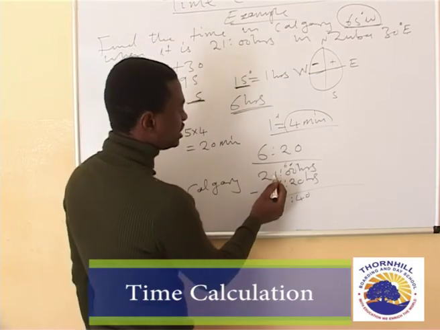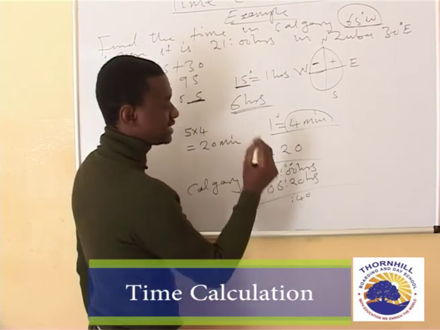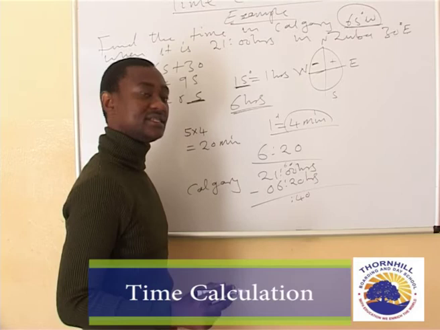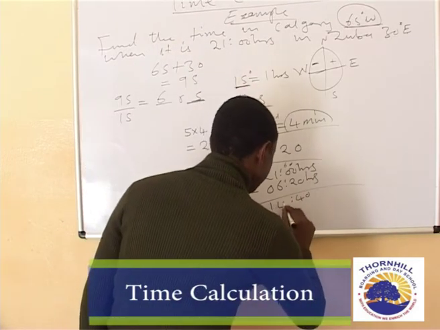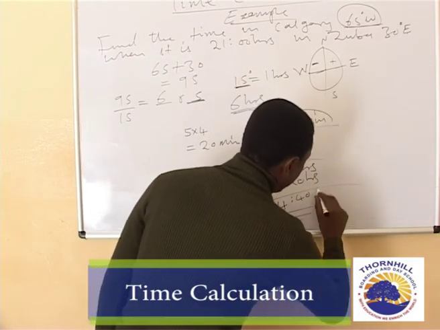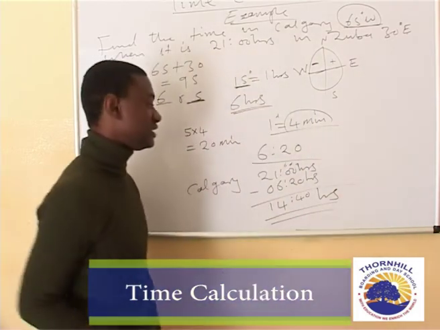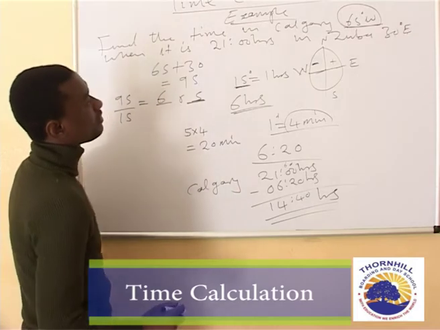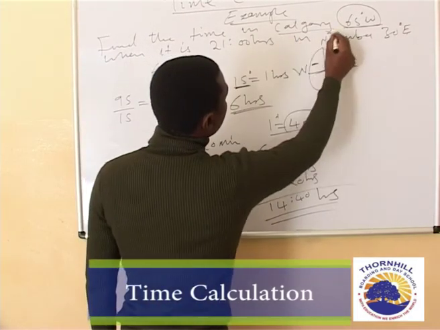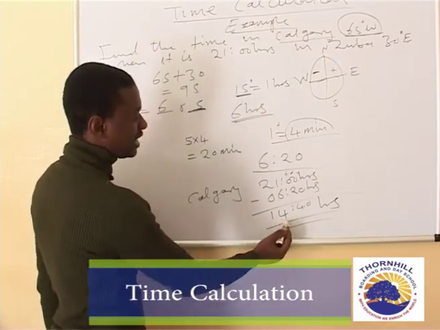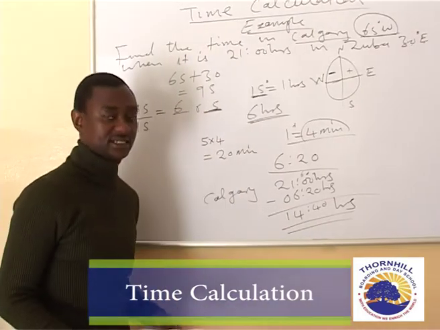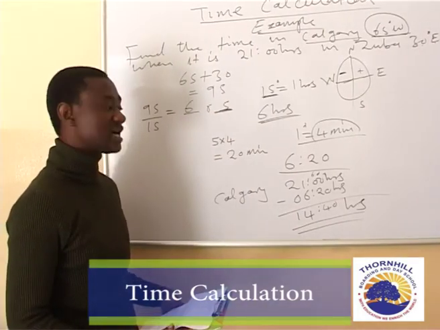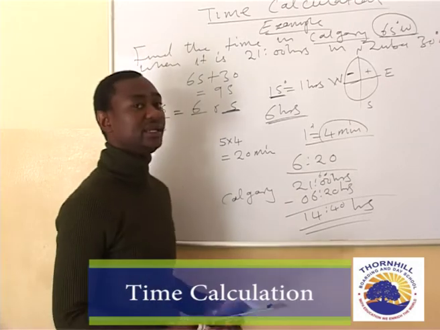Then 20 minus 6 gives us 14. Therefore, the final answer is 1440 hours. The time at Calgary is 14 hours 40 minutes. This is how you find time between 2 points.